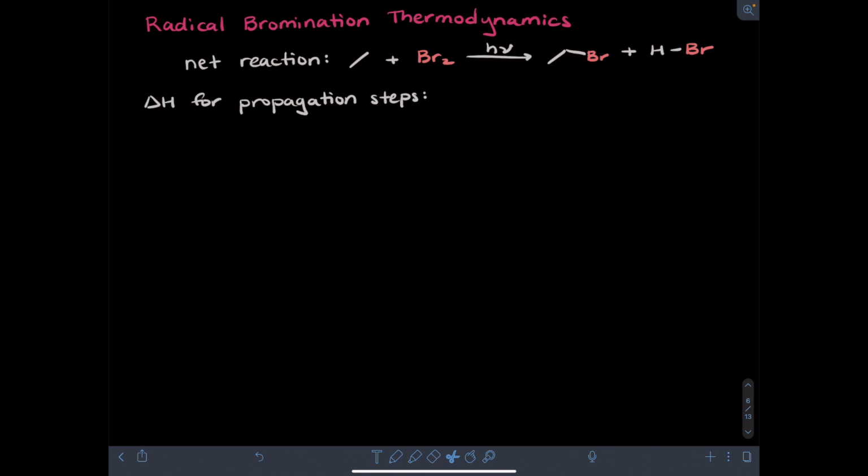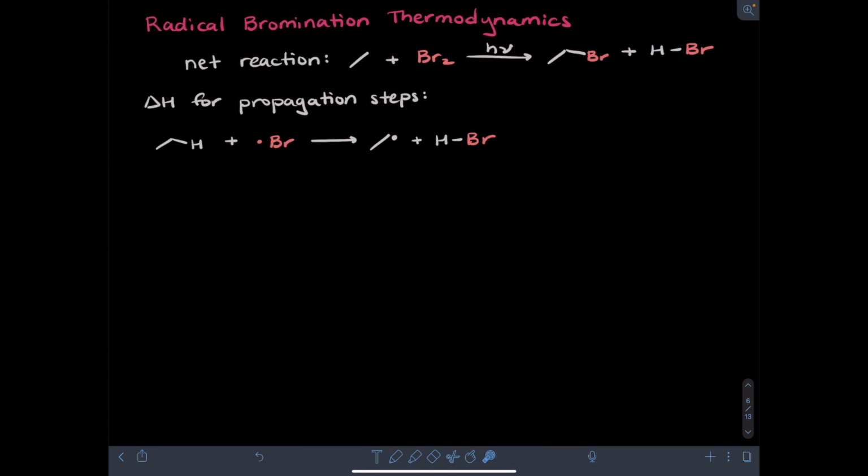Now let's consider the bromination of ethane. This would be treatment of ethane with Br2 in the presence of light to make bromoethane and HBr. And here as well, we're going to look at delta H for the propagation steps. The first propagation step is hydrogen abstraction. In the case of radical bromination, it is a bromine radical that is present.